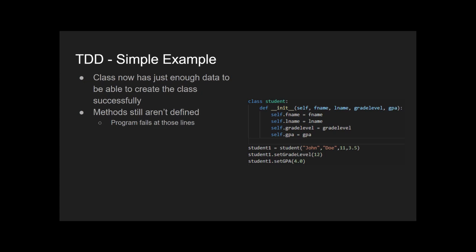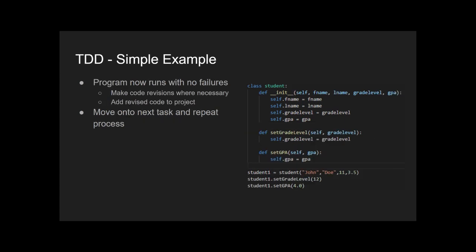However, the methods still are not defined, and the program fails at the first line that calls a method. So in order to pass the test, we need to add just enough functional code to be able to run those methods successfully. Here, I have added just enough code to define those methods, and now the program works.